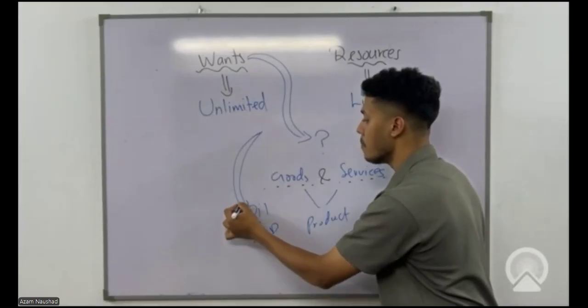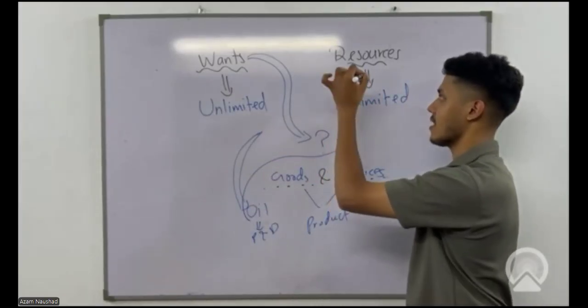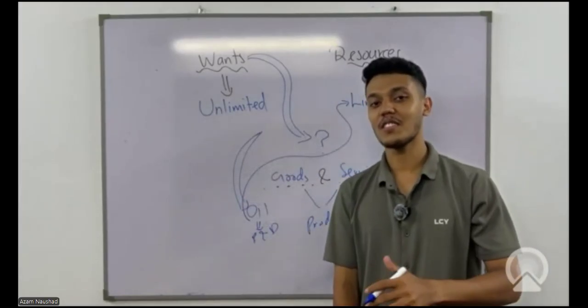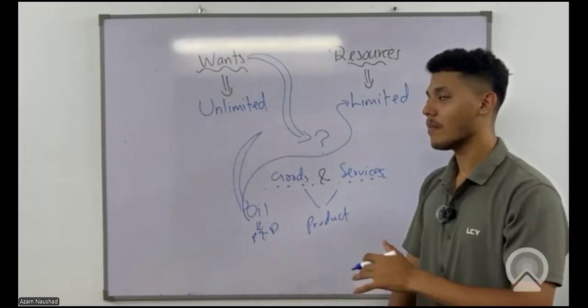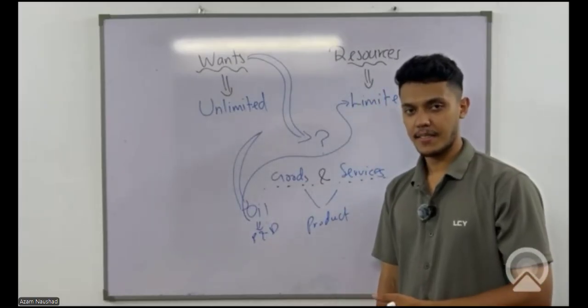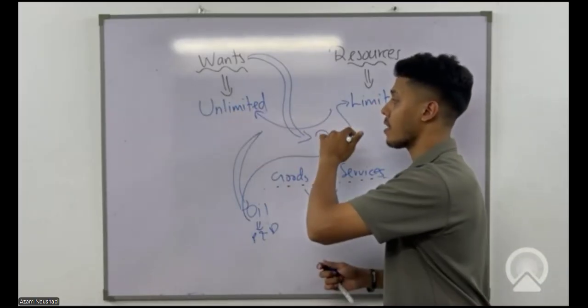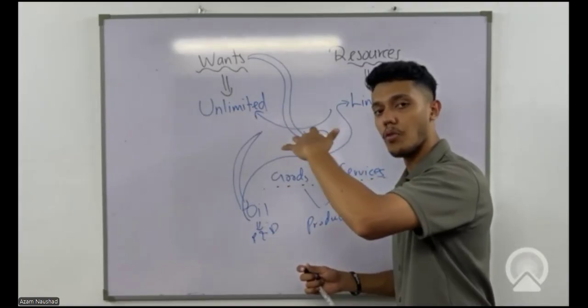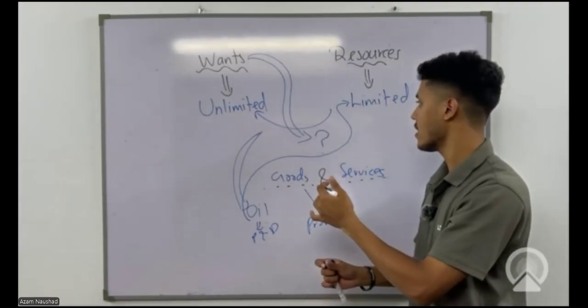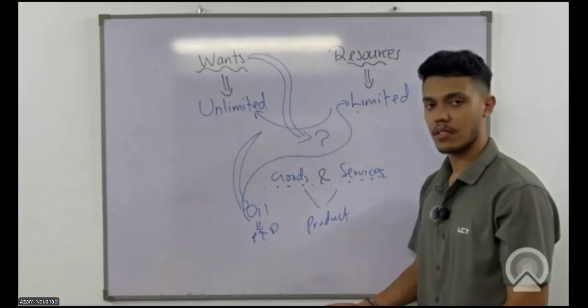But the problem they have is that the resources they have are very limited, right? When we compare with the requirement, people are requesting more and more diesel and petrol, but the availability of crude oil is so limited.